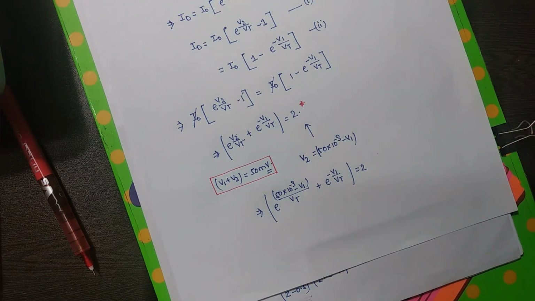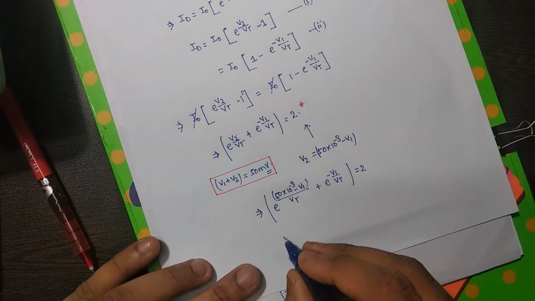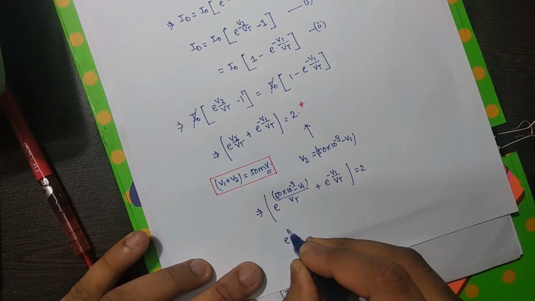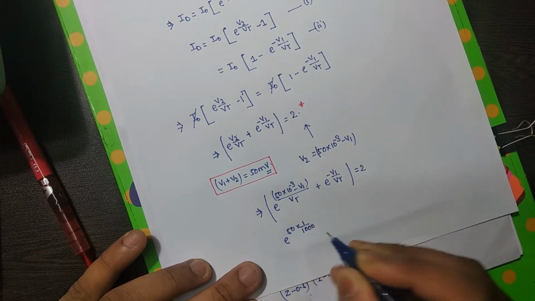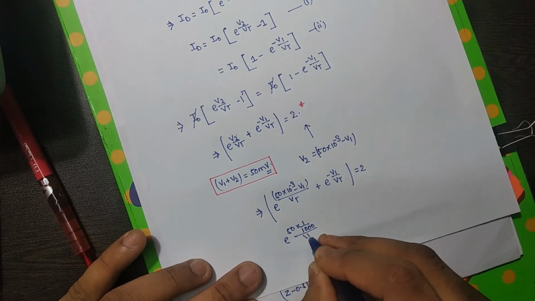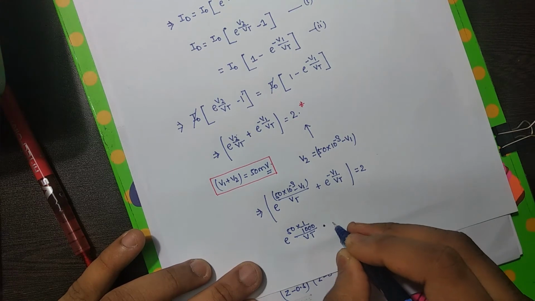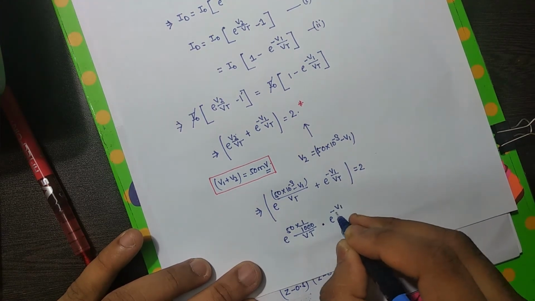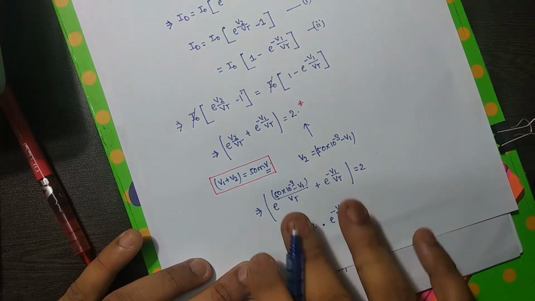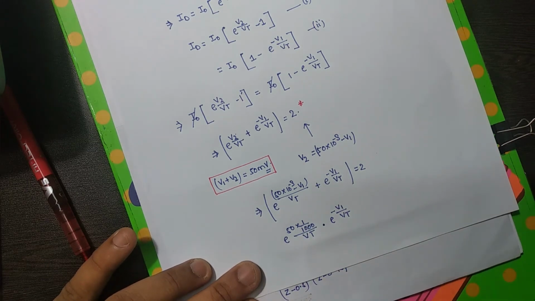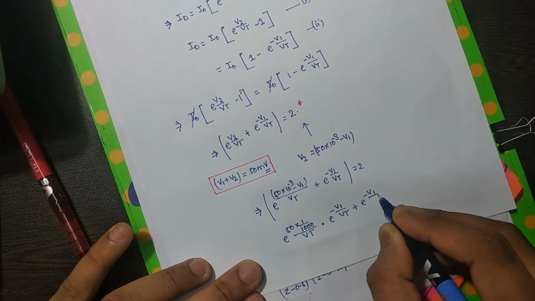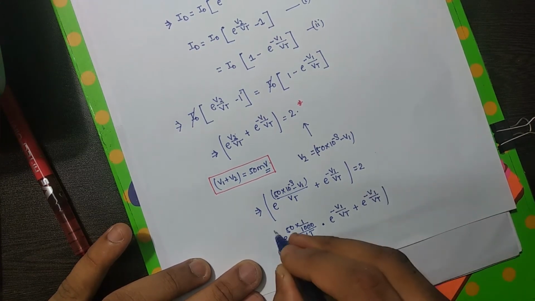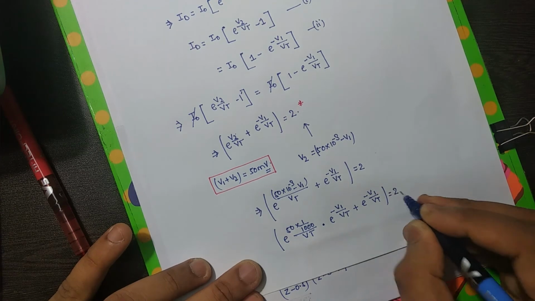Now moving further, on solving this function we get e to the power 50 into 1 by 1000 by Vt, into e to the power minus V1 by Vt. I am just splitting the exponential factor as per my convenience, so that it will be easy for me to solve this exponential equation. I am doing nothing here.